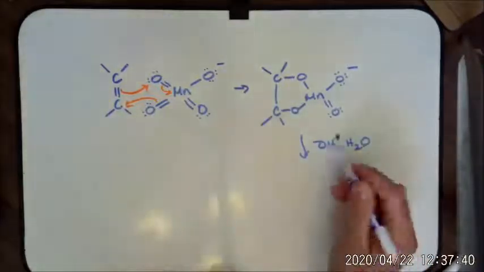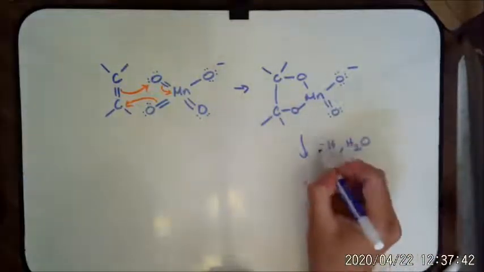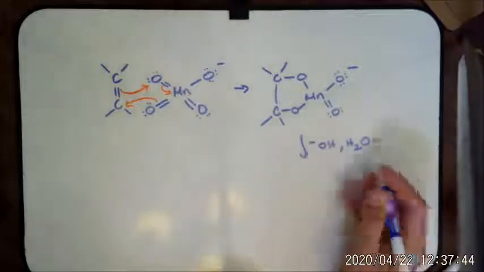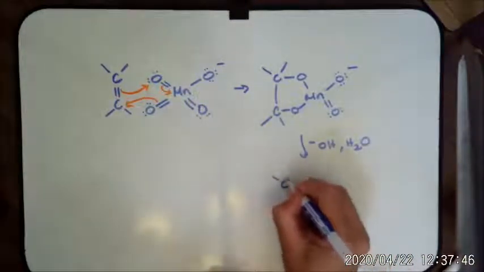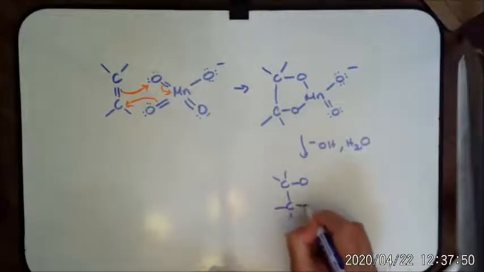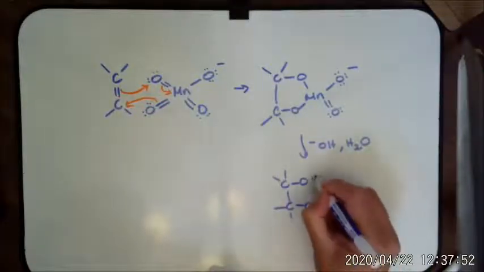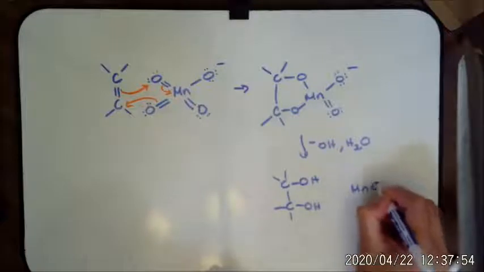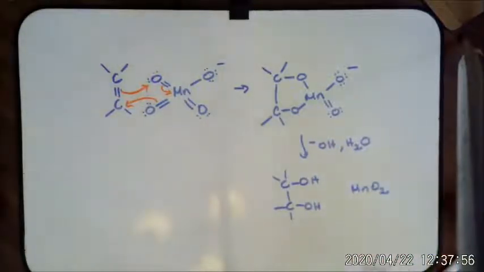That continues on. It can be neutral, or you can add your hydroxide, but that's what's going to end up removing your manganate, and that's how you get MnO2. Alright, so those are two ways to form your diols that are in the syn orientation.